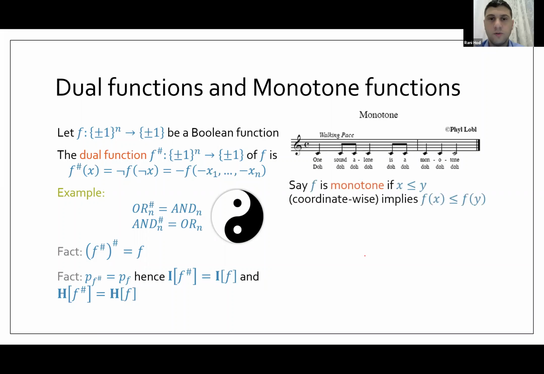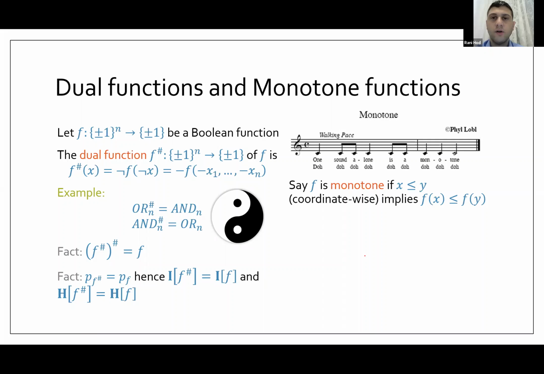One more thing would be monotone functions. So that's exactly what you'd think. But in this case, we compare the vectors coordinate-wise. So if you just flip a bit from false to true, it means that the function cannot turn from true to false. It always has to obey this direction.